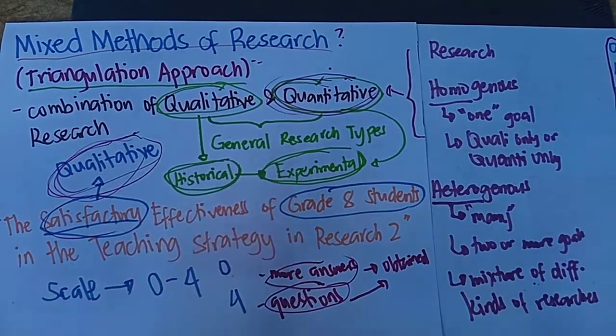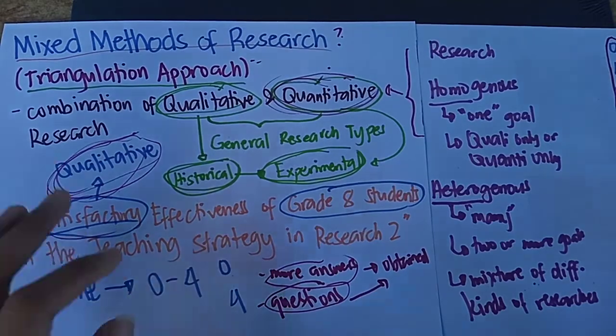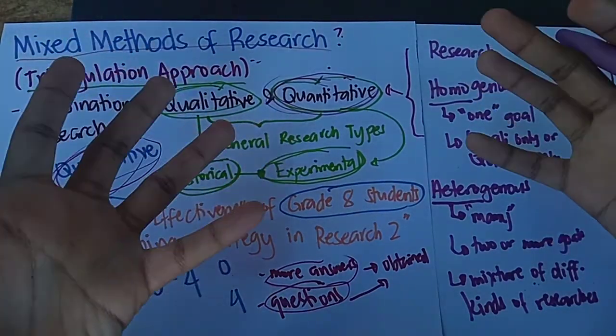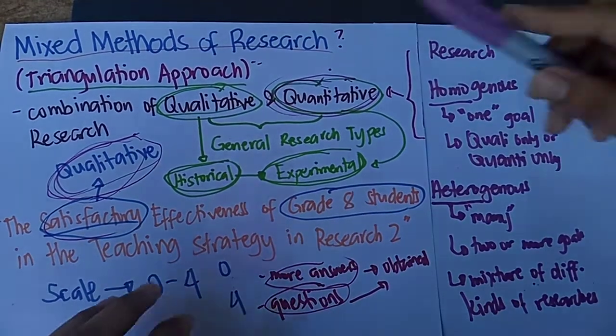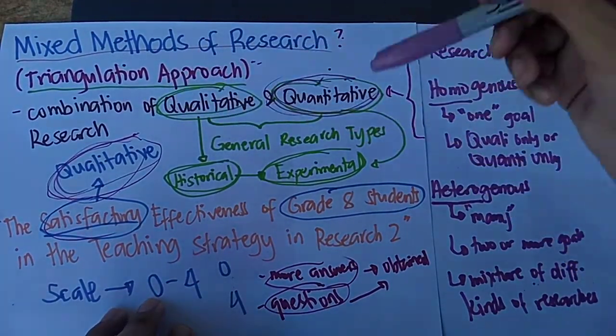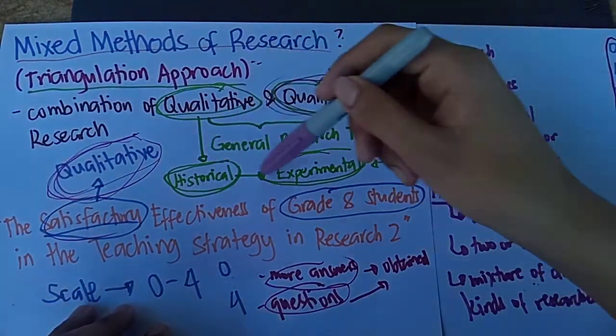Okay? So that is the main essence of the mixed methods of research, which is also known as the triangulation approach. It is a combination of both qualitative and quantitative researches. In an essence, qualitative and quantitative researches can also be defined as the general research types.